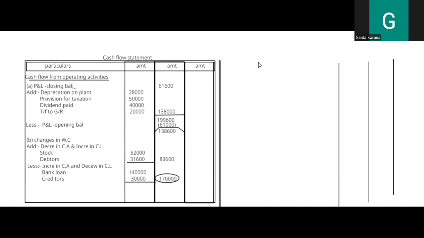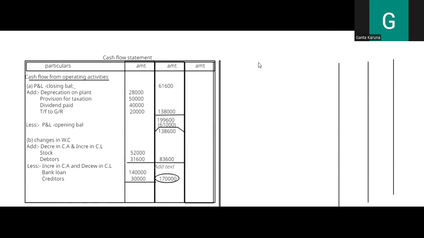So from here, when I have added, I got a total. I'm going to write it down. How much I got the total. It will be 1,38,600 plus 83,600, which is equal to 2,22,200. That is my total of balance.